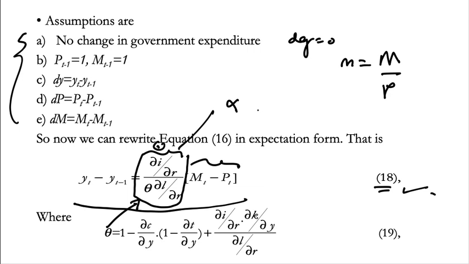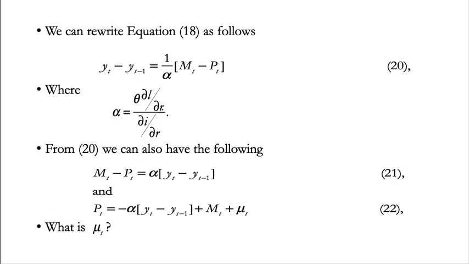Alpha is actually equivalent to theta, delta L over delta R over di over dr, delta R. So here, let's say alpha is defined by this, then we can have 20.